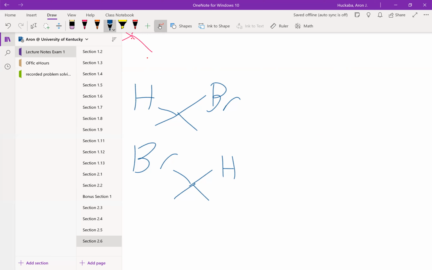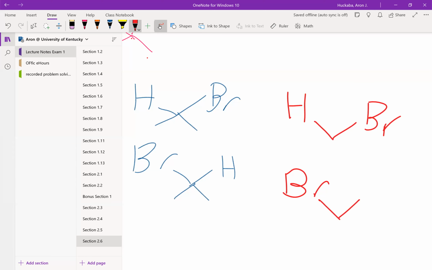If we're going to have the hydrogen on the left and the bromine on the right in one case, and in the other, the bromine on the left and the hydrogen on the right, then what we need to do is add a wedge for one and a dash for the other carbon.